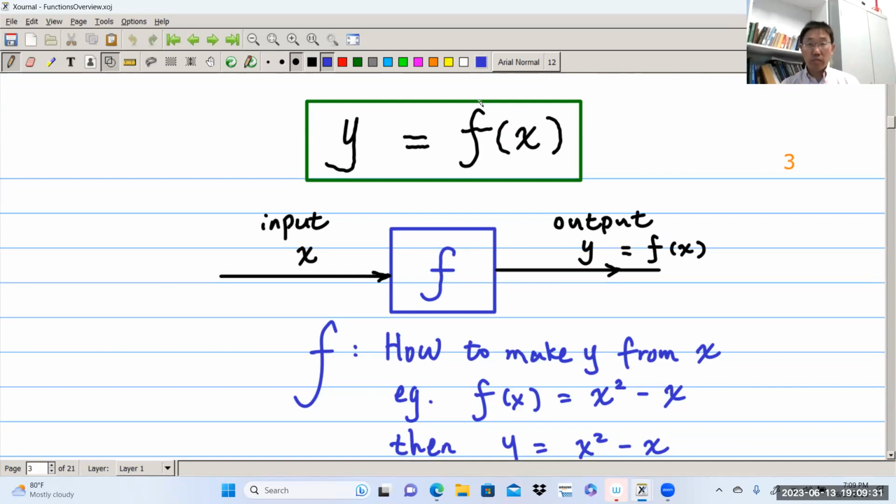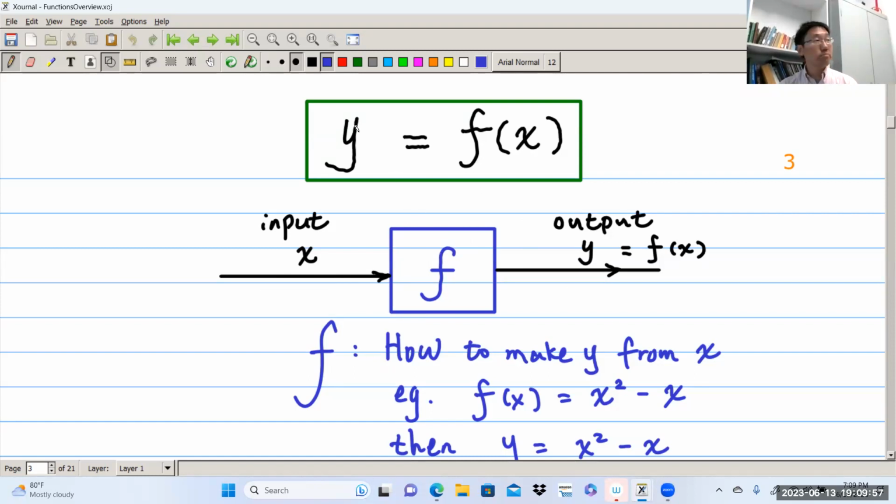We put this name here, then we have round parentheses, and x represents the input to this machine. I draw this diagram here: this machine f takes an input, say x, then makes an output, say y, from x.